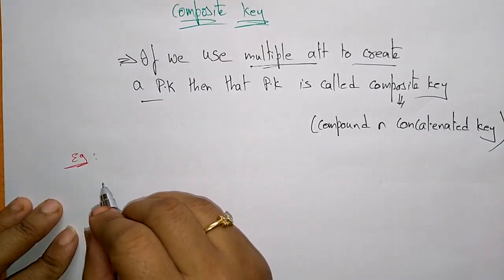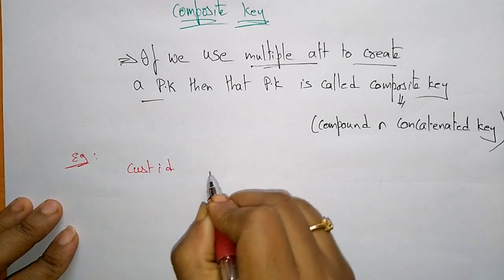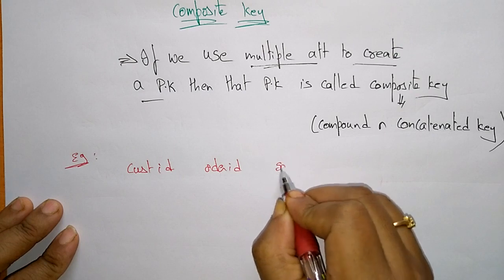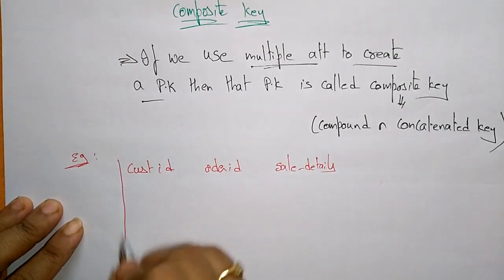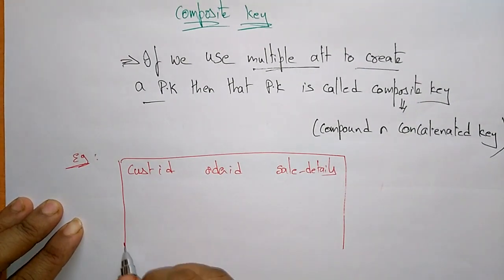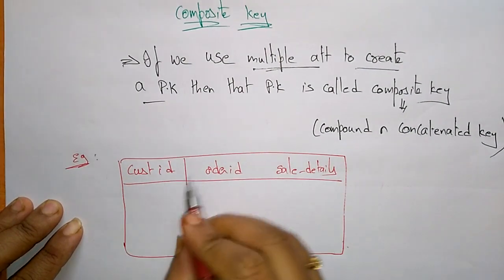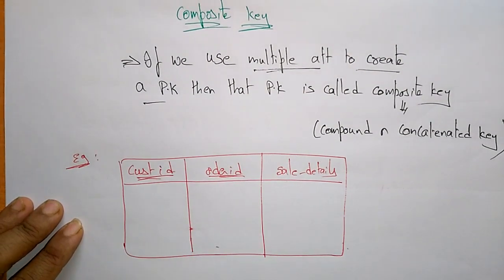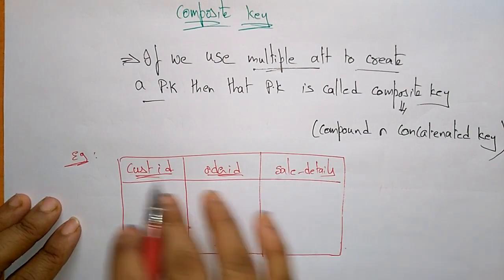So if we have a customer ID and order ID, suppose here the sale details. So here in this table, I'm using two keys, the multiple keys, the customer ID as well as the order ID as a primary key. Means in this table I'm using two primary keys.